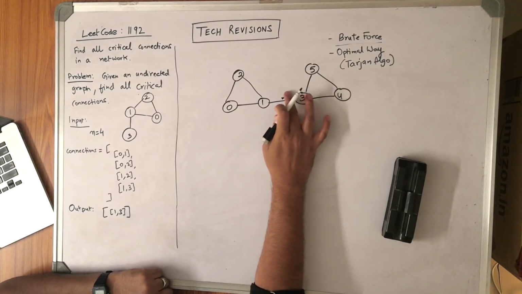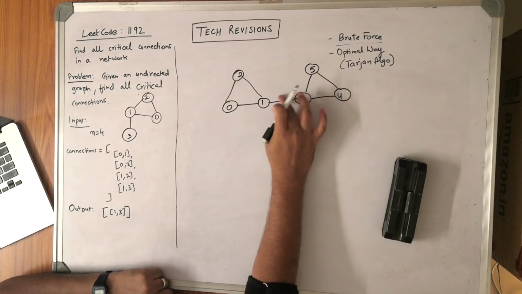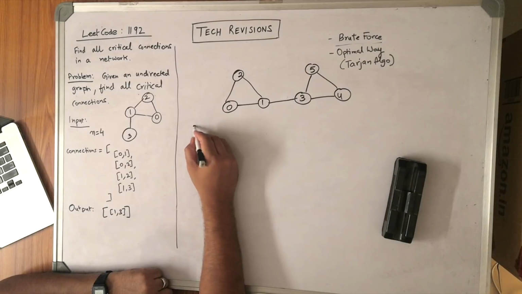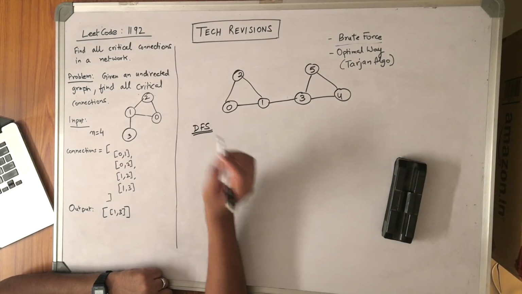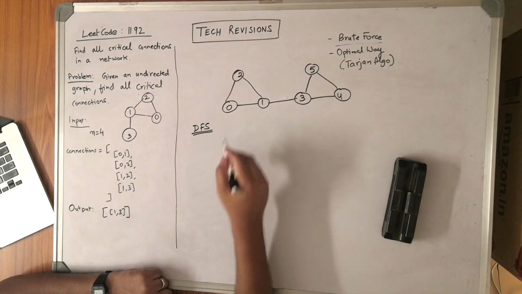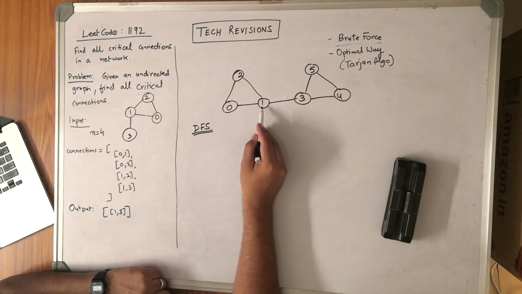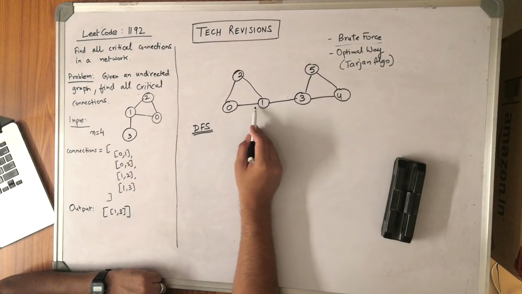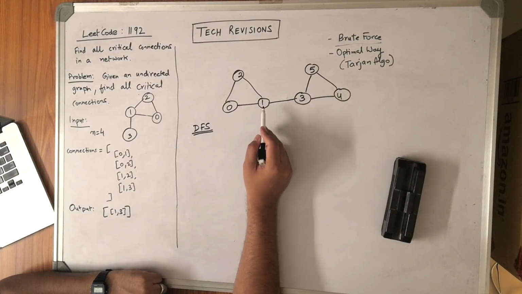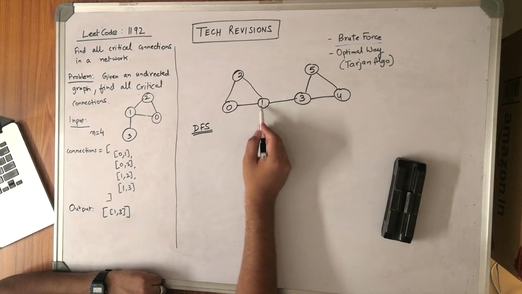Now let's see how Tarjan's algorithm works. Tarjan's algorithm uses DFS to traverse the graph. That is the first thing to note. How does DFS work? You start with a node and you traverse to the next available node which is directly connected. Once you reach this node, you traverse to the next available node, either this one or this one.